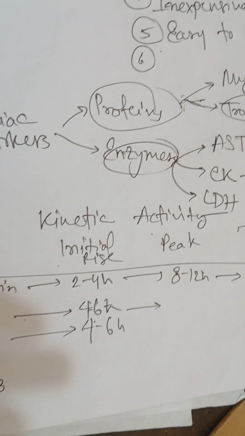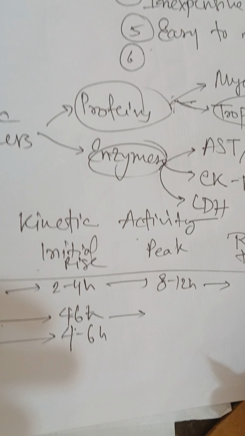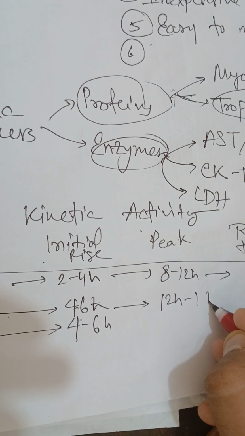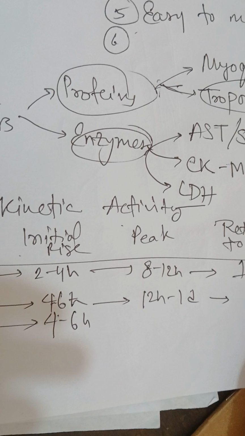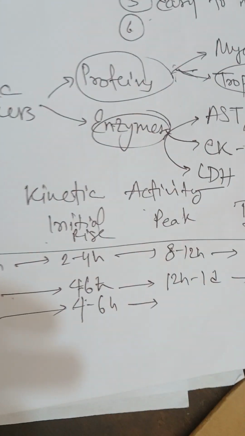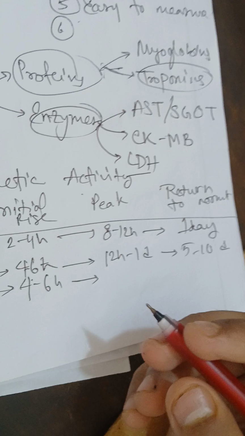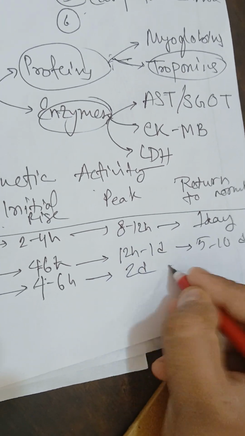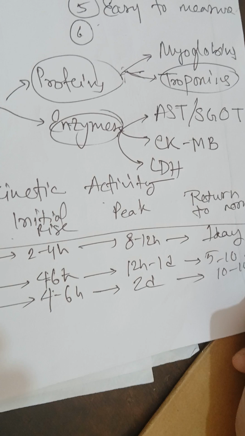Cardiotroponin I peaks after about 12 hours to 1 day, and returns to normal after 5 to 10 days. Cardiotroponin T peaks after about 2 days, and returns to normal after 10 to 15 days.